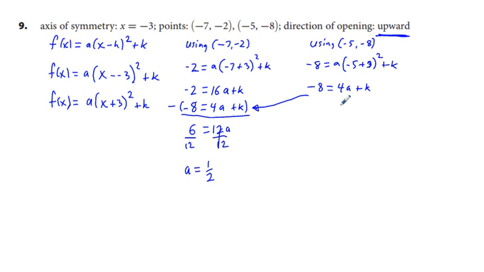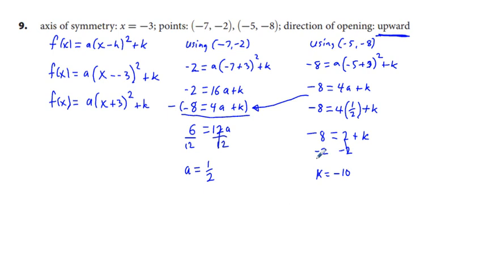And so now we can take any equation we want to. If we substitute in this 1/2 here, we take negative 8. And now we're trying to solve for k. We have 4 times 1/2 plus k. So we have negative 8 is equal to 2 plus k. And solving for k, if we subtract 2, we have k is equal to negative 10.